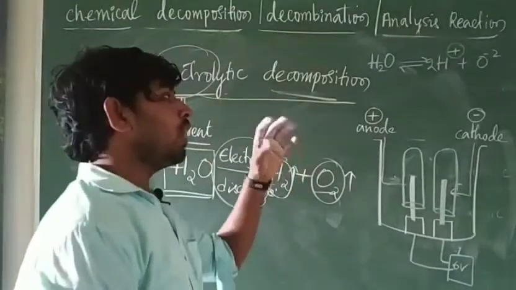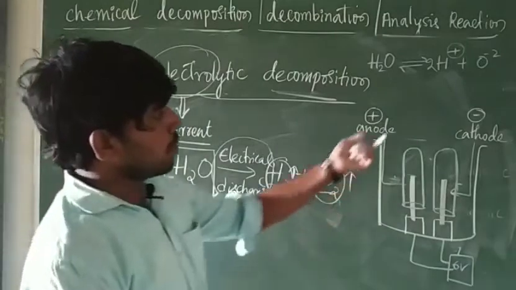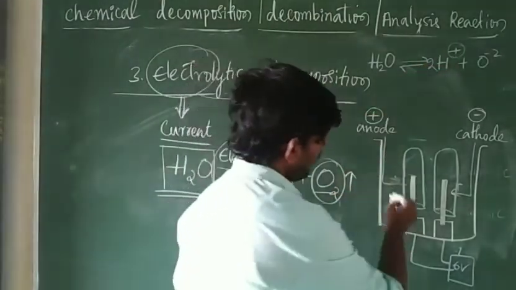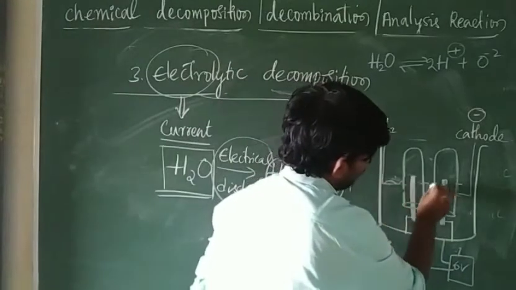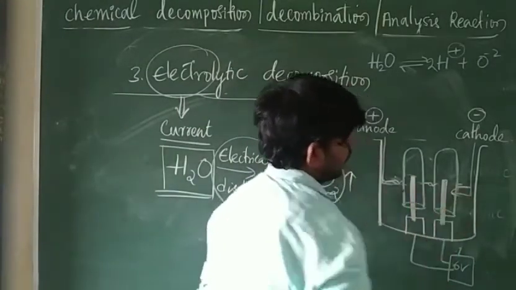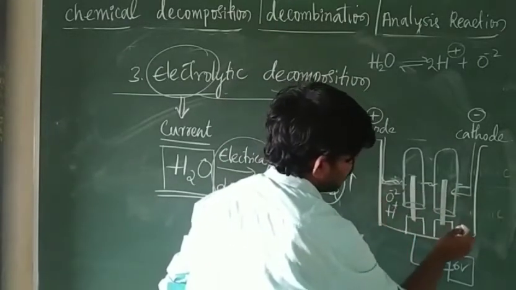Opposite charges attract each other, like charges repel each other. Here we have water around this. Slowly H plus ions and O minus 2 ions are produced.